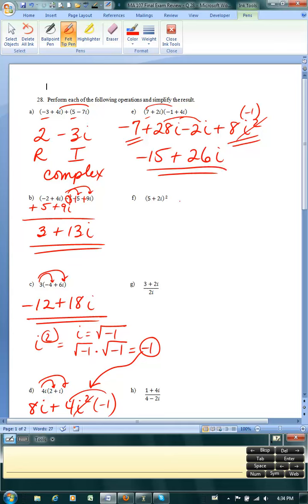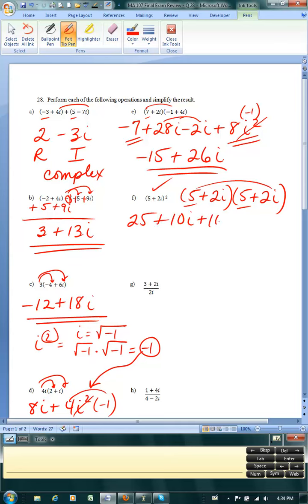All right, I can create a perfect square trinomial if the two binomials are identical. 5 plus 2i times itself would be 25. The outside is 10i and the inside is also 10i.